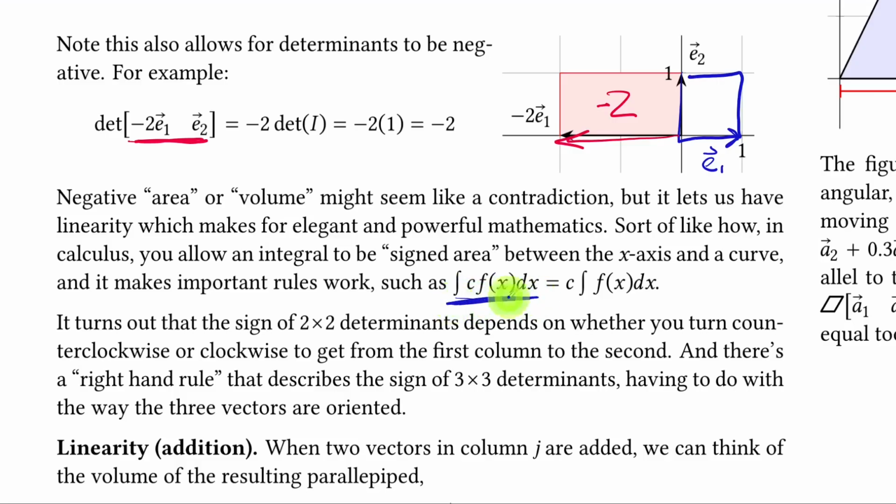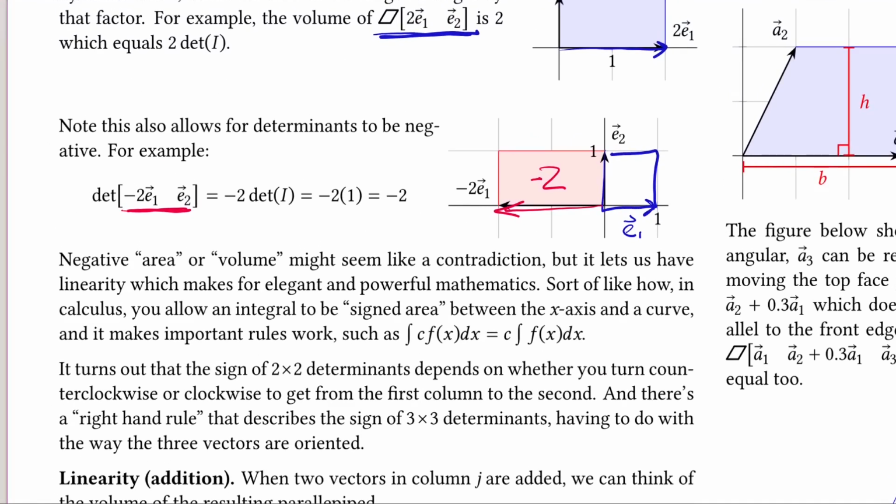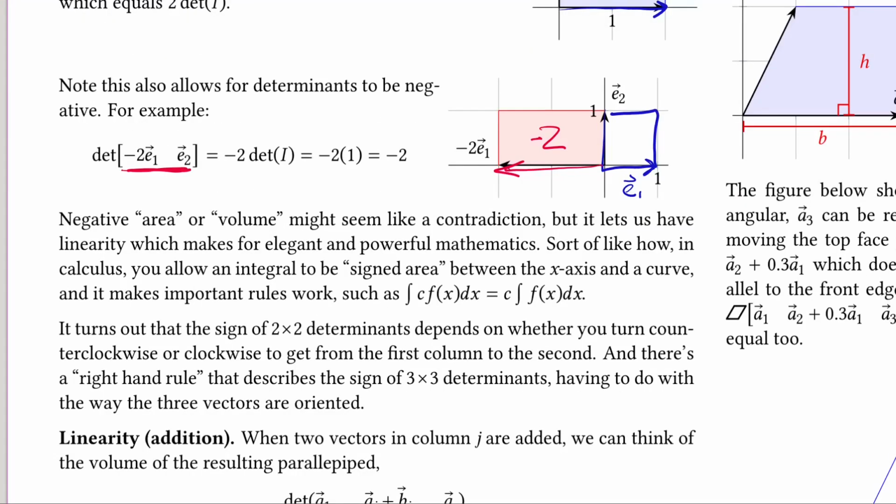This property that when you scale a function by c and do the integral, you get c times that integral makes doing integrals a lot easier, right? The same is true with determinants. We want to have that property for determinants too. Now, it does turn out that the sign of a 2 by 2 determinant, whether it's positive or negative, depends on whether you turn counterclockwise or clockwise to get from the first column to the second.